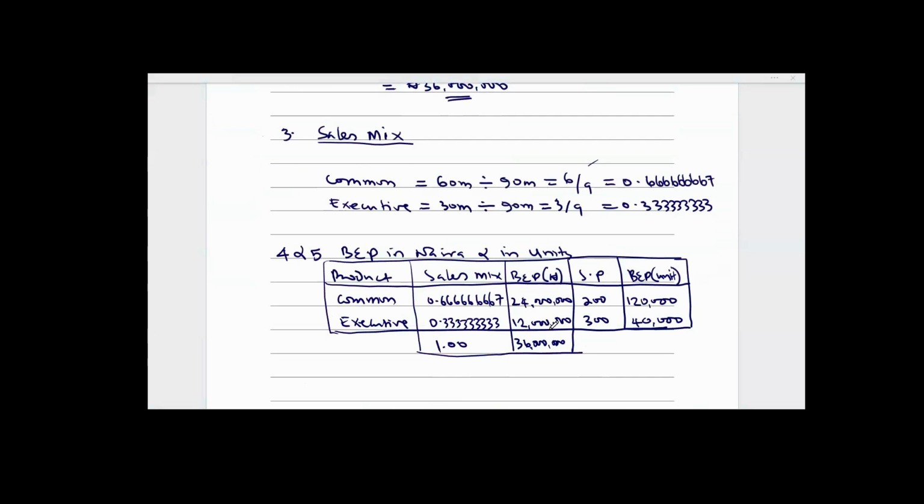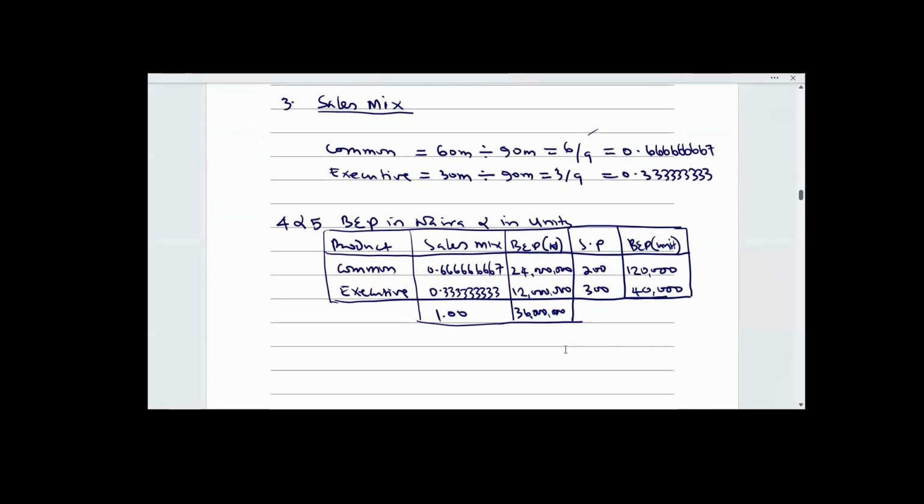The next requirement, which is B, you have to determine the break-even point in units if only common bags are sold and if only the executive bags are sold. That is, you should assume that only common bag is produced by the company, and then only executive bags is produced by the company.